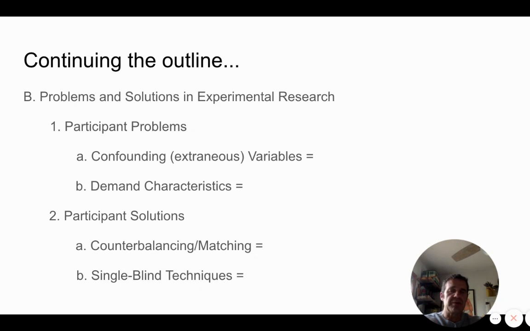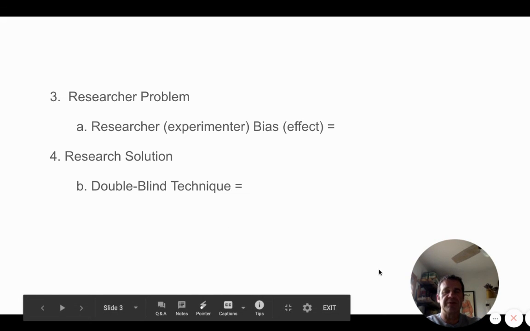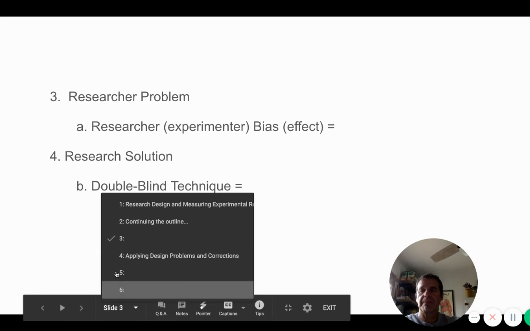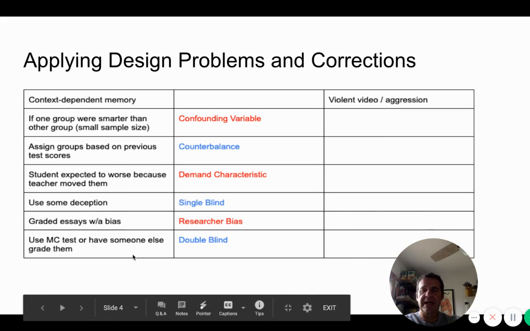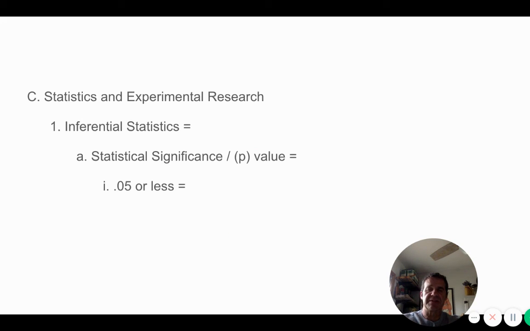And we solve the participant problems by counterbalancing or by a single blind technique. And we solve the researcher problem by using a double blind technique. We apply that so we can actively figure this out. And then we talked about the statistics of it.